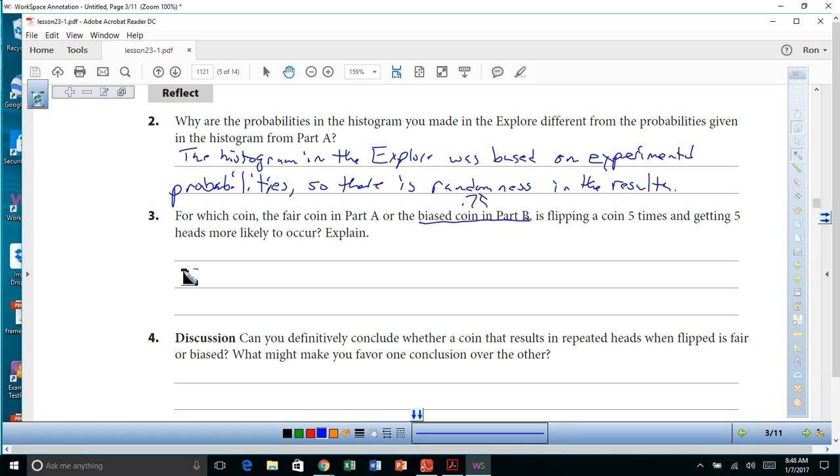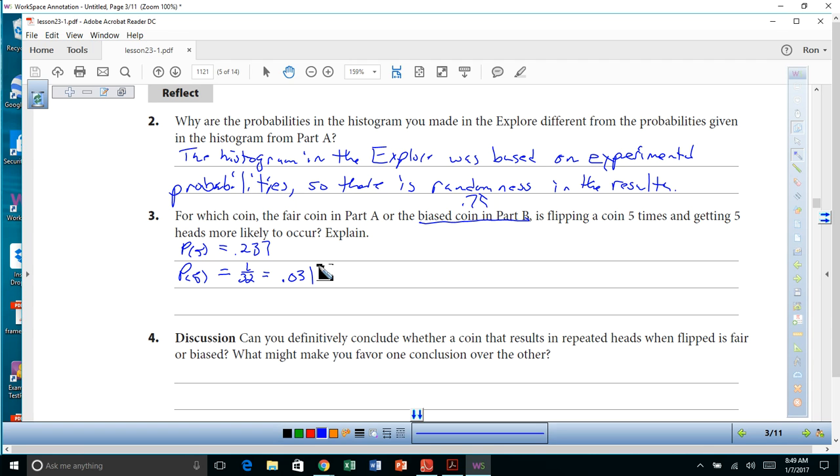So the biased coin in part B is more likely to produce 5 heads in 5 flips, because the probability of 5 heads was, what was it, like 0.237, and in A, the probability of 5 heads was 1 over 32, which is 0.031.